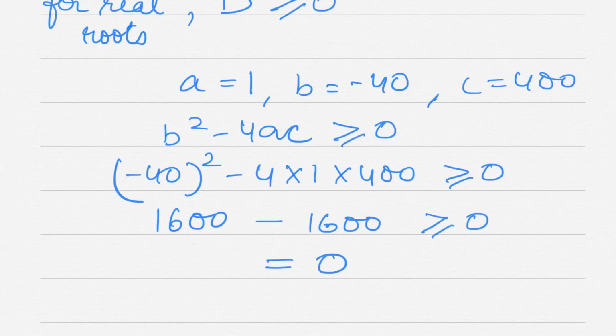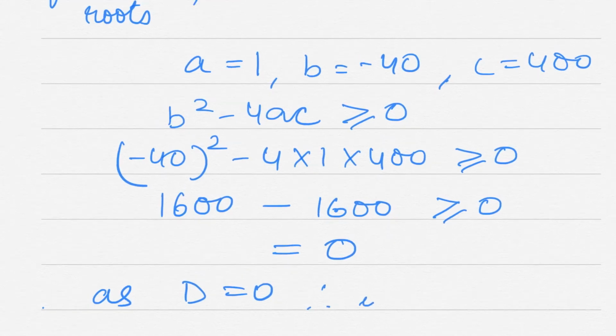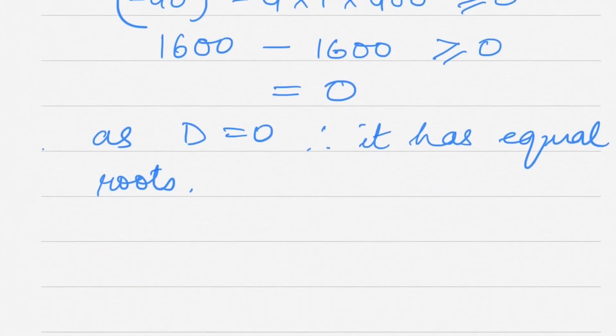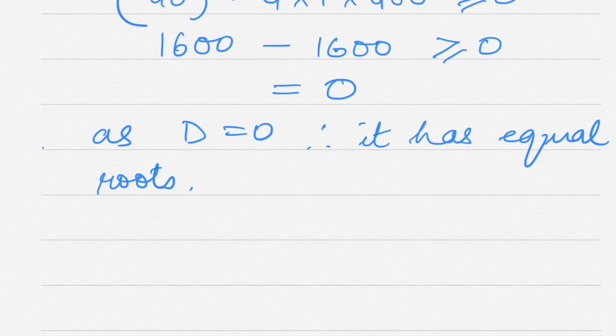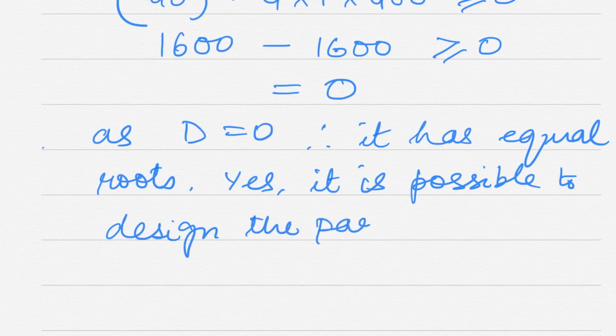So it is satisfying the condition. As the discriminant is equal to 0, it has equal roots, and I can say that yes, it is possible to design the park.